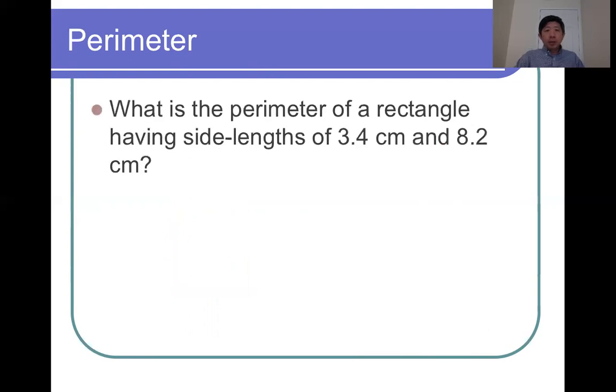Now here is a problem. What is the perimeter of a rectangle having side lengths 3.4 centimeters and 8.2 centimeters? First of all, I will just draw a rectangle like this.